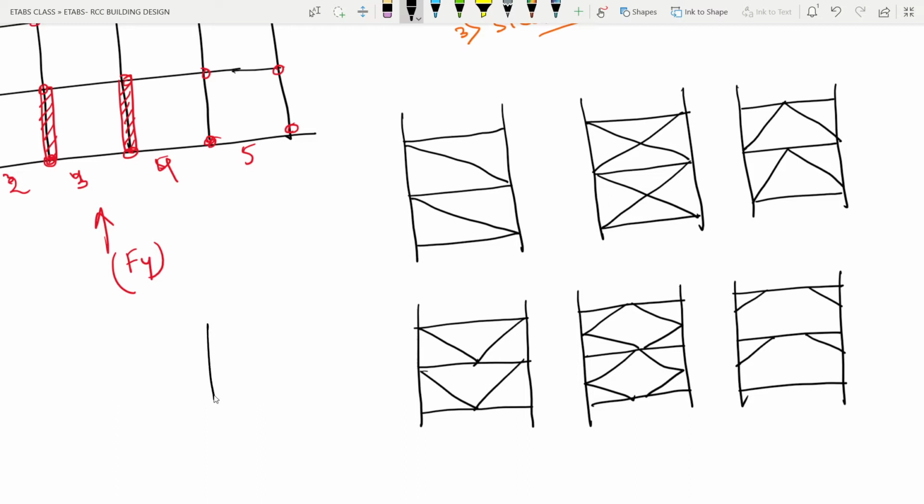Another type, let me just draw here. You may have this type of bracing. Okay, it is not connected to each other. It is a bit at a distance. It is not the same as this one.